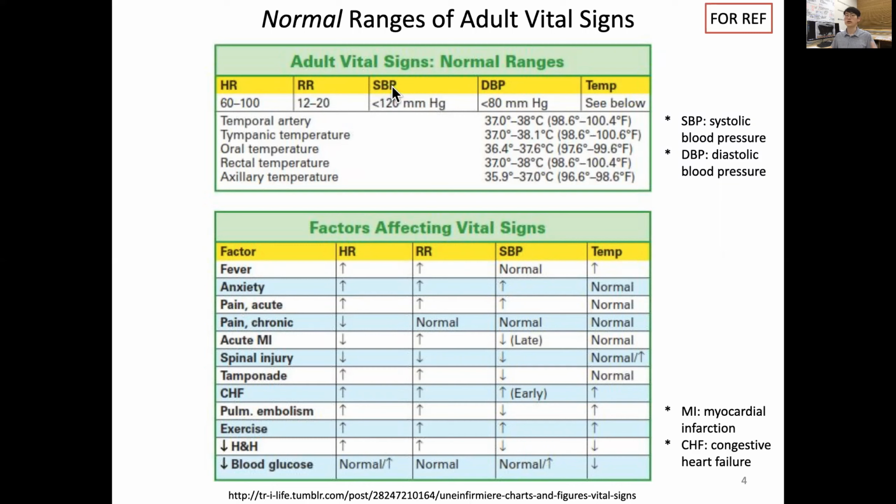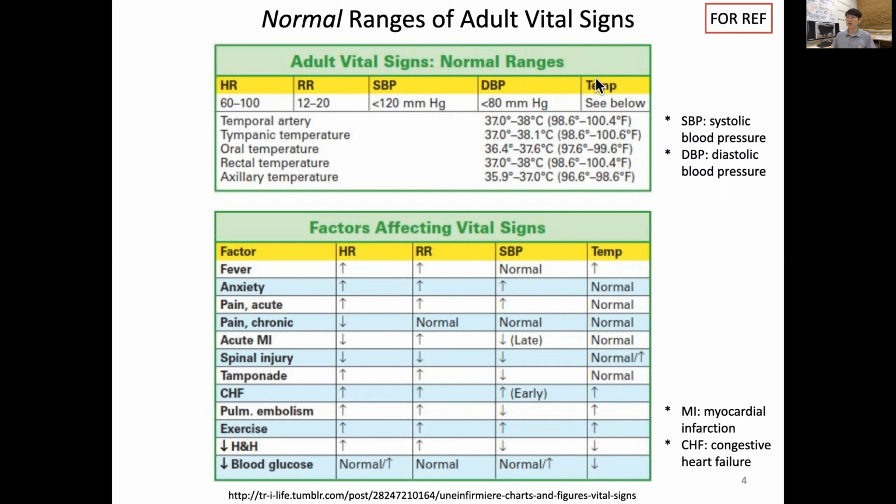Systolic blood pressure is supposed to be less than 120 mmHg. If it's higher than 140, we consider it high blood pressure. And diastolic blood pressure is supposed to be lower than 80 mmHg.